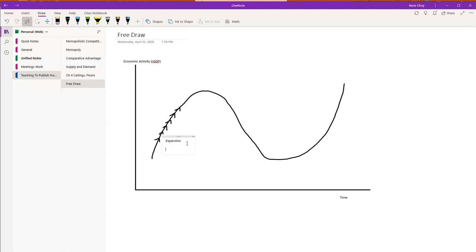During an expansion, you're going to notice that real GDP increases. You're going to notice that unemployment declines. You're going to notice an increase in income. You're also going to notice slightly increasing inflation.